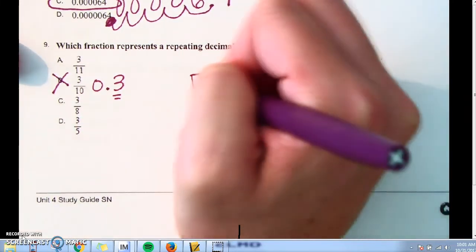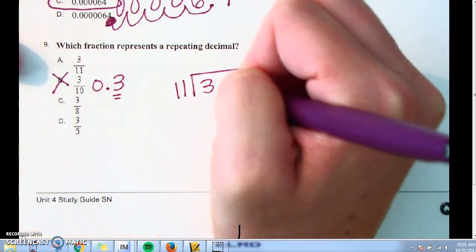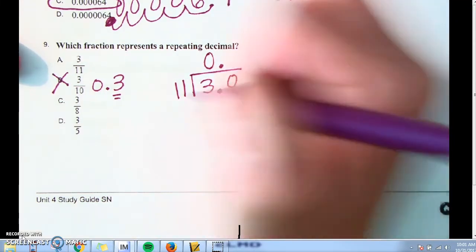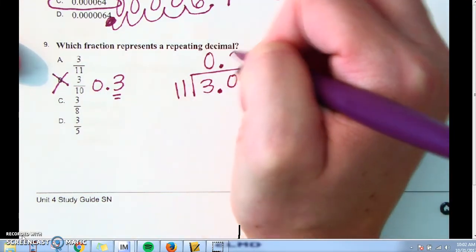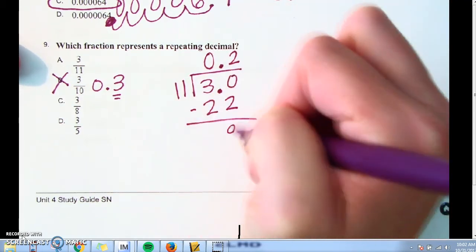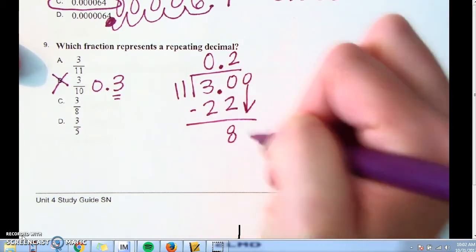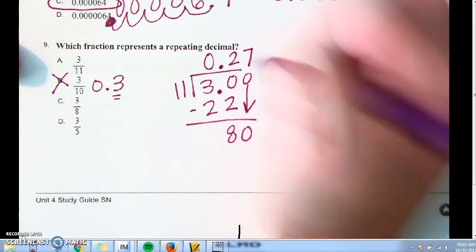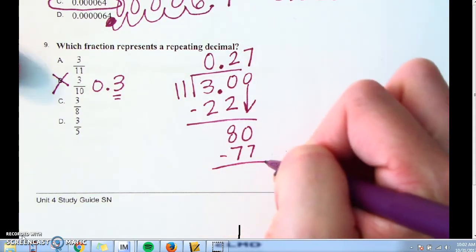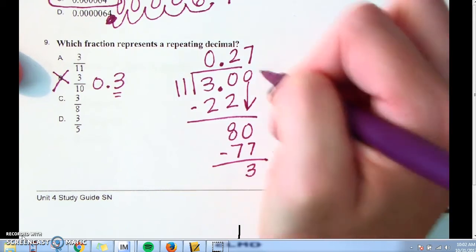Let's start with 3/11. Add your decimal because 11 does not go into 3. Add a 0. 11 goes into 30 2 times. 2 times 11 is 22. We subtract, we get 8. Bring down a 0. 11 goes into 80 7 times. 7 times 11 is 77. Subtract, we get 3.